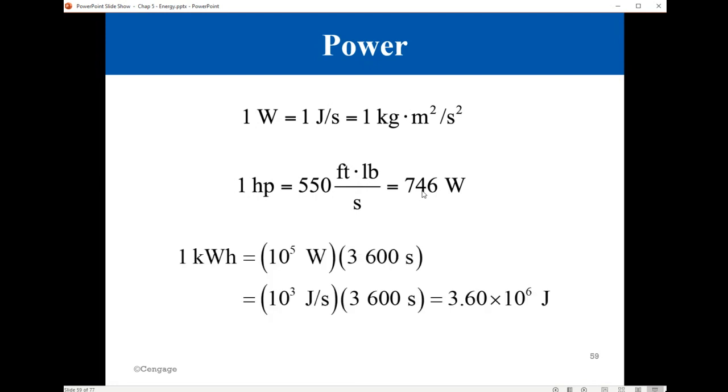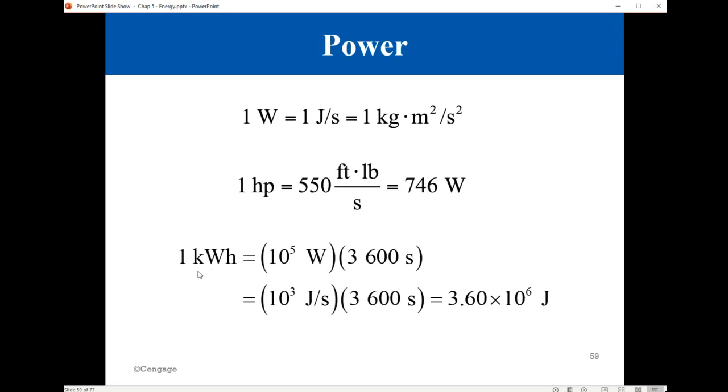Another unit that we use for energy is the kilowatt hour. 1 kilowatt hour means this product. So when you evaluate, this would be 3.6 by 10 to the power 6 joule.